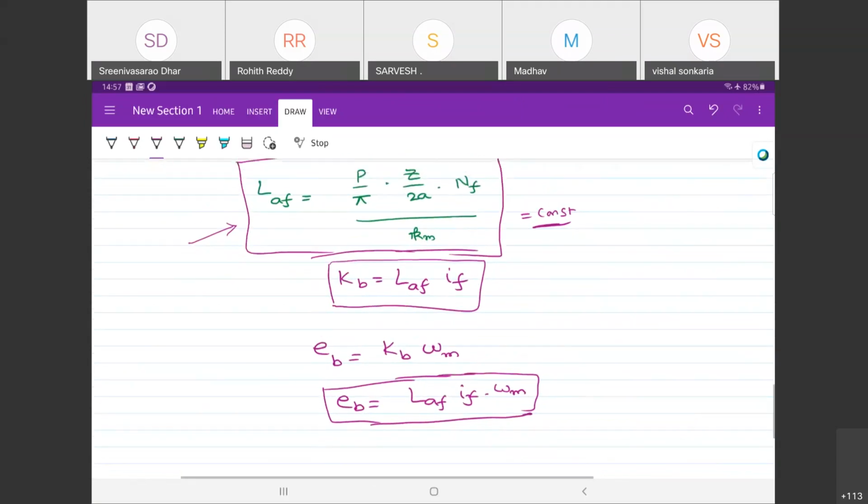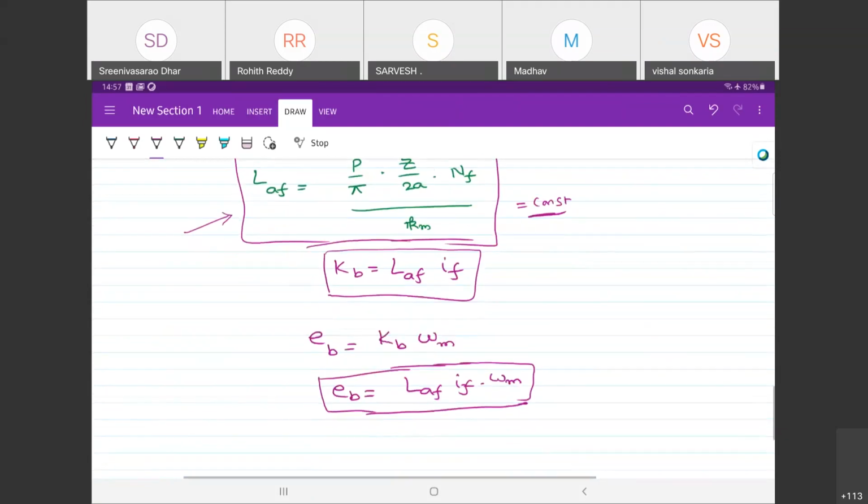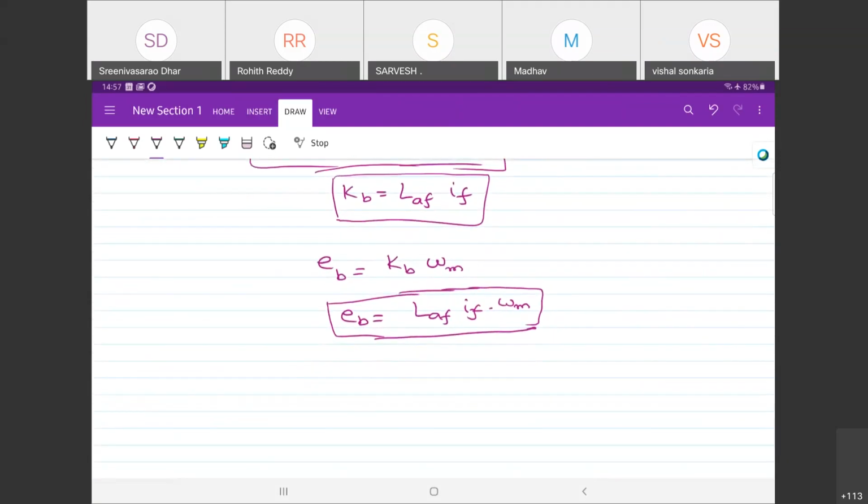This is provided by the manufacturer. Clear? E_B equal to LAF IF into omega m.